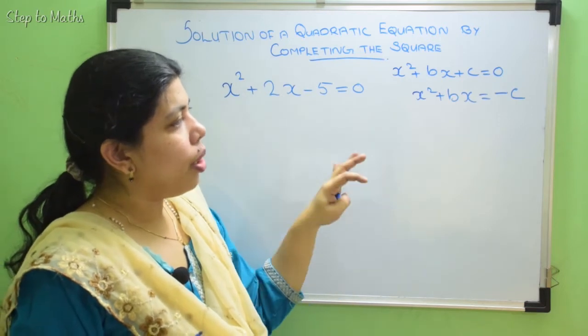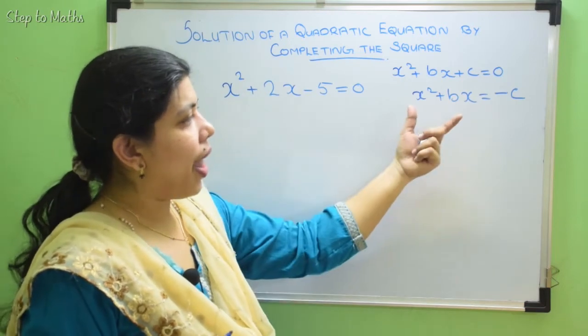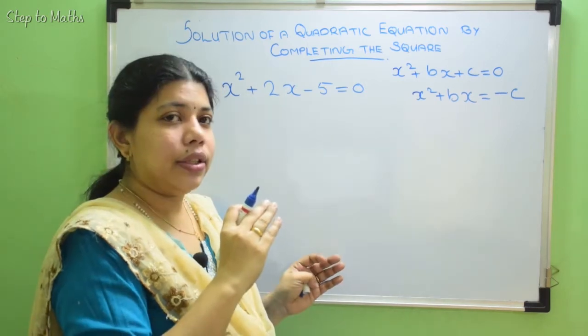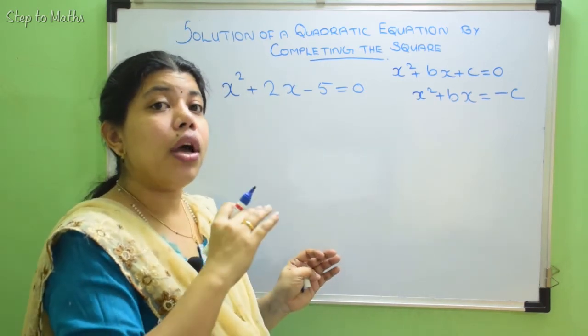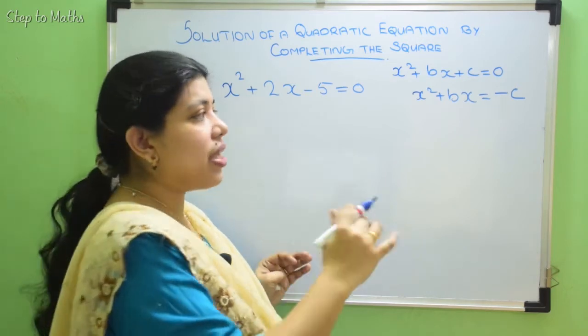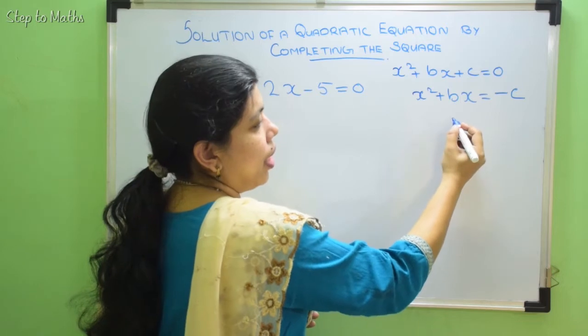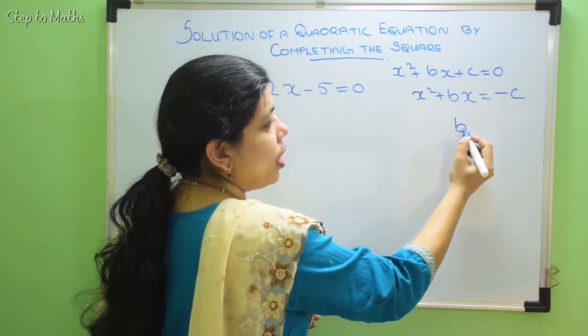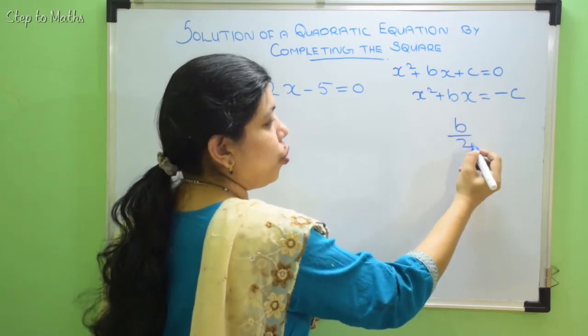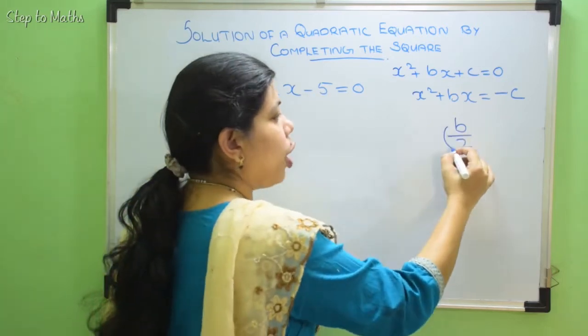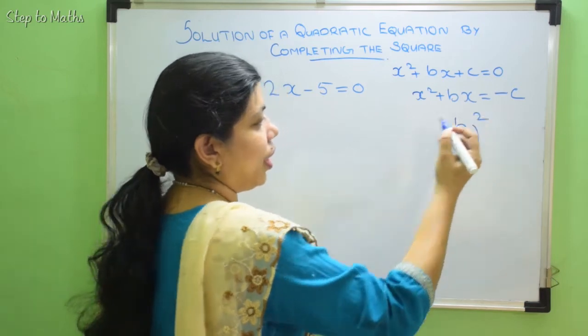For that, our next step is to add the square of half the value of the coefficient of x. The coefficient of x is b. Its half value is b by 2. And take its square, that is b by 2 square.